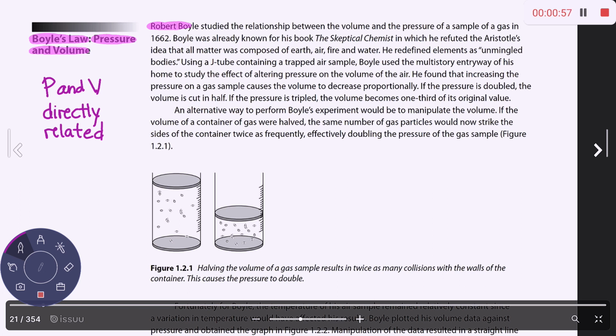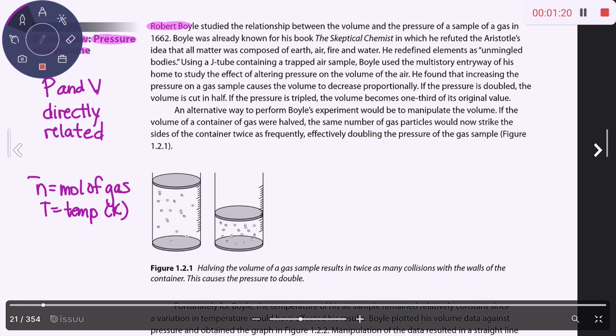The two variables that are not being mentioned here are being held constant. So keep that in mind anytime you read a problem. If they don't mention it, it's not relevant because it's being held constant, or they may tell you it's being held constant. So N, which is moles of gas, and T, which is temperature in Kelvin. These are the two variables that are being held constant.